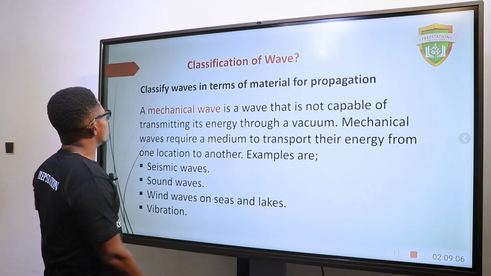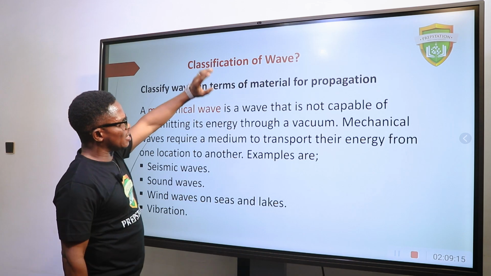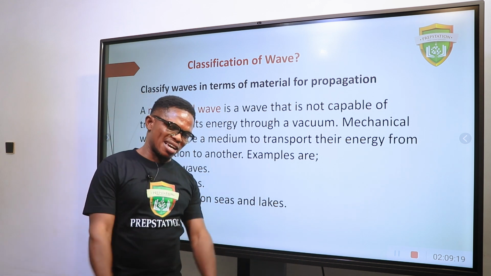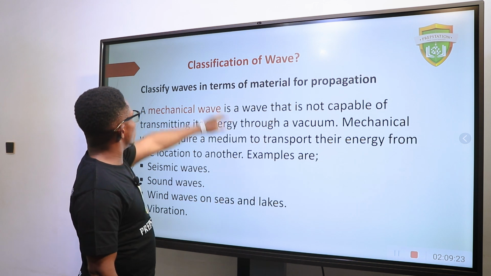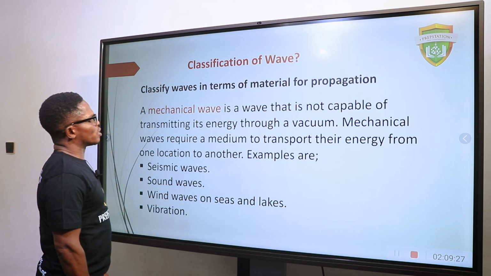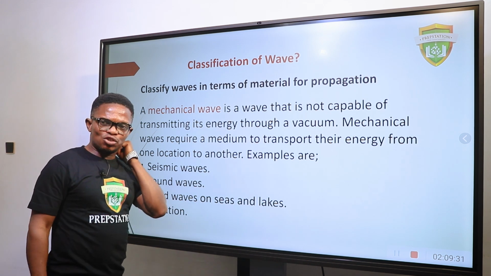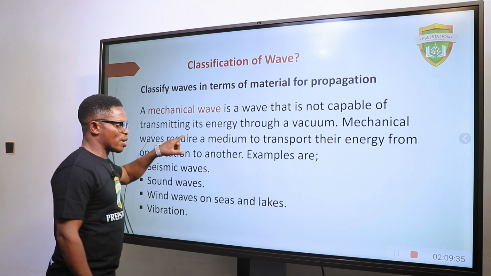Okay? Let's move. Classify waves in terms of material for propagation. We have two methods of classifying waves. Number one is the material, and then number two is the mode of propagation. Now, if you are classifying wave in terms of material, then we should be looking at mechanical waves and electromagnetic waves. So in terms of material, we have mechanical waves.